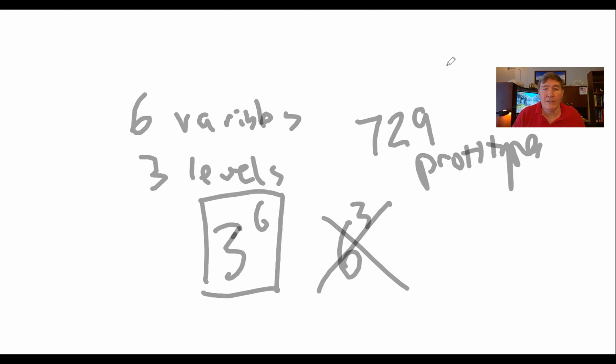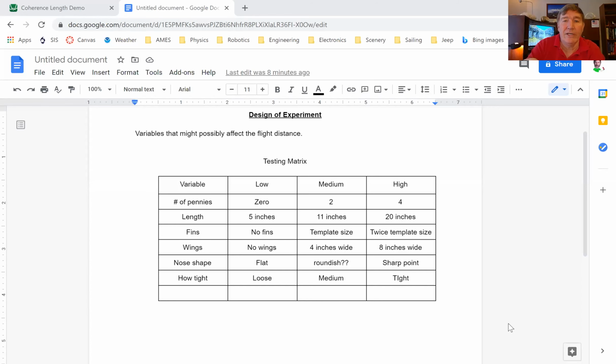All right, let me go back and start sharing this again. If this is our test matrix here, hang on, every time I make a change here, I have to turn annotation off and back on again, and my screen doesn't like it.